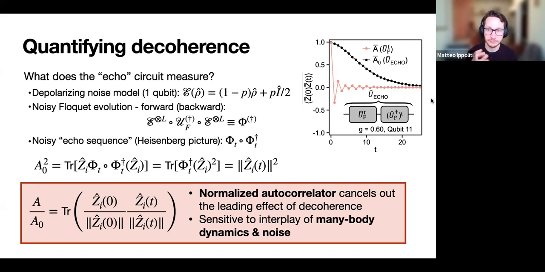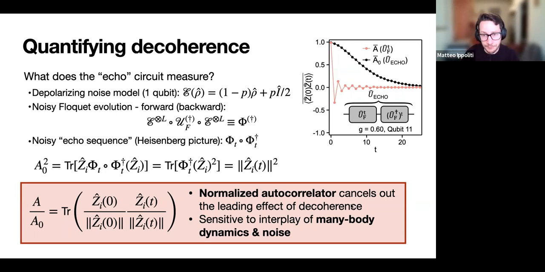And this gives us a way of taking out the leading effect of decoherence on our original measurement, which is this autocorrelator A, by simply taking this ratio. Because given that our autocorrelator A is just an infinite temperature expectation value, trace of Zi of 0, Zi of t, by dividing it by this A0, we are able to essentially normalize our operator by its norm and ensure that there is no overall decay in the norm here, which is the first order effect of decoherence in some sense.